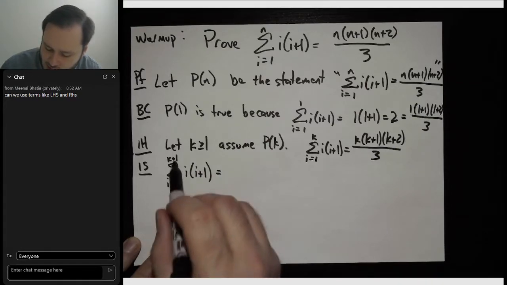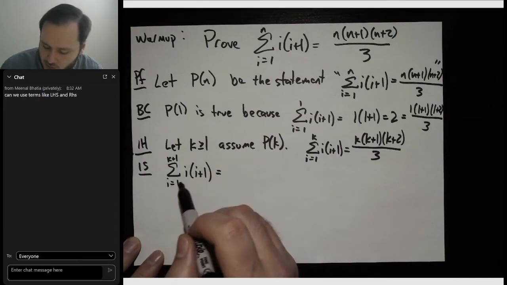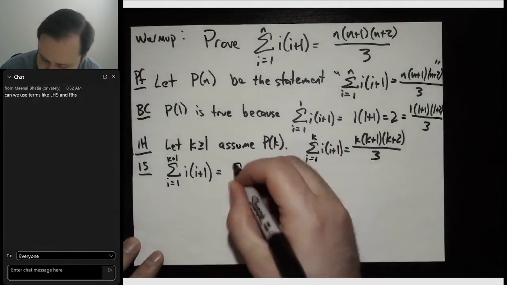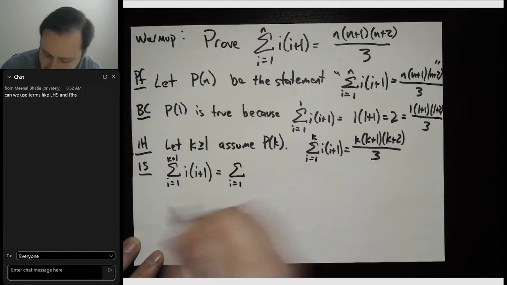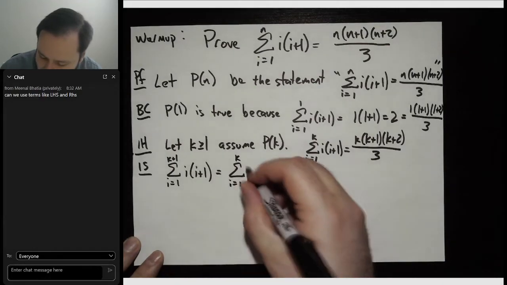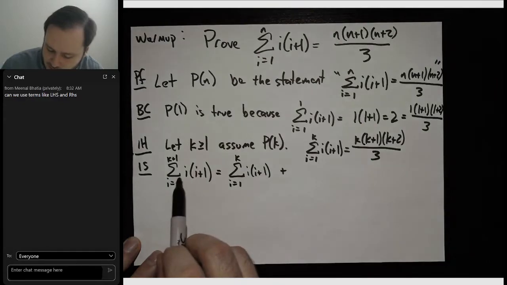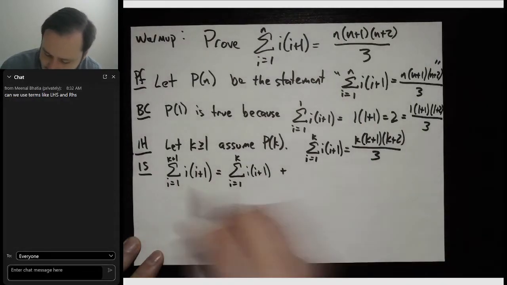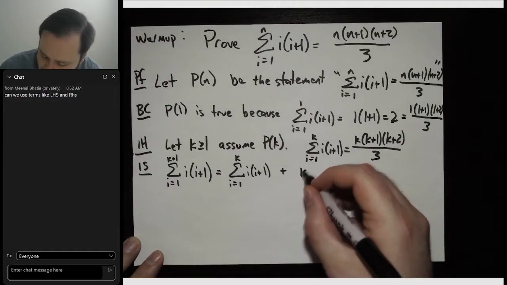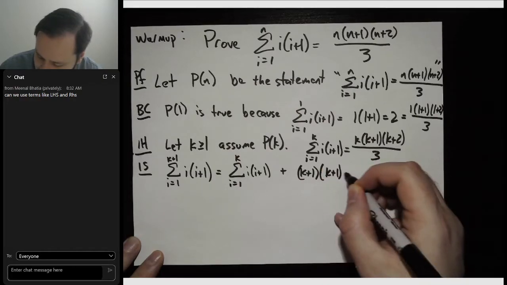And the way I do that is by saying, okay, well, this is a sum. I'm going to add up all of the terms except for the last one. So this says start at 1, go up to k plus 1. This says start at 1, go up to k, and then stop, which means I've got one more term left over, which is the term I get when I plug in k plus 1. So that would be k plus 1 times k plus 1 plus 1.